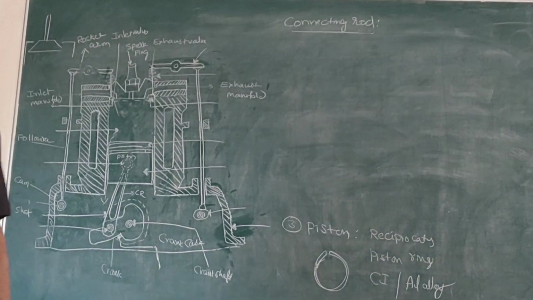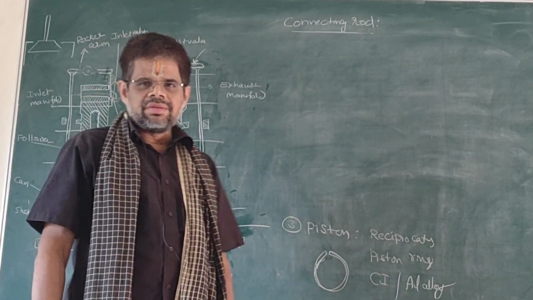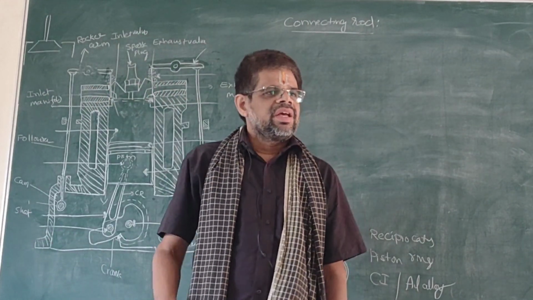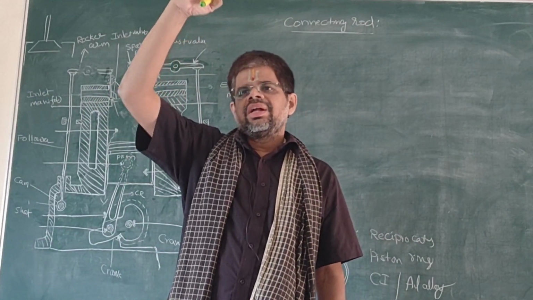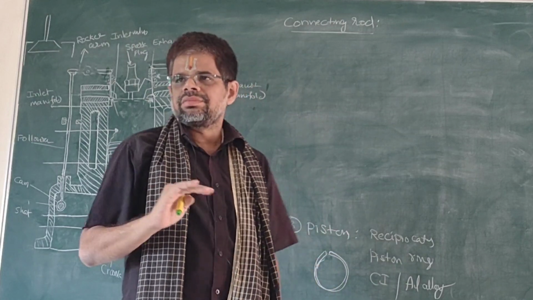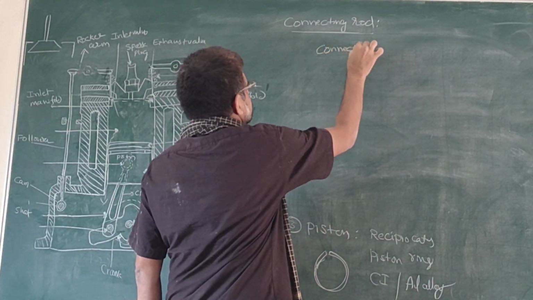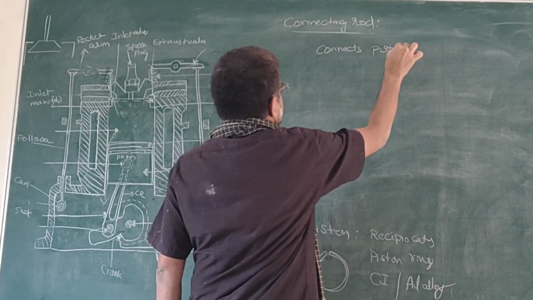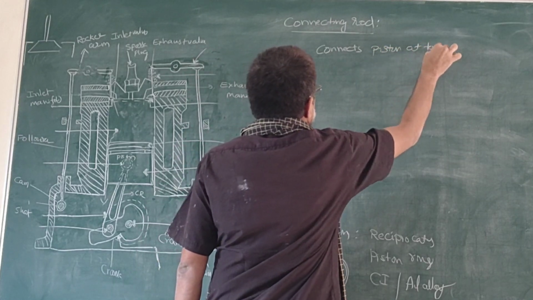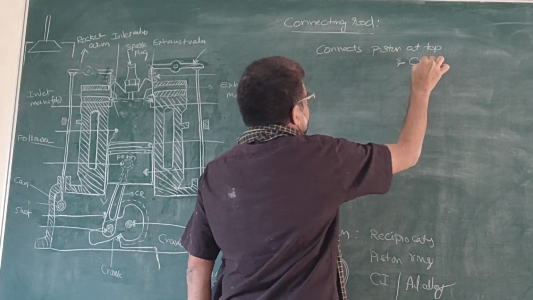Well, the next part is connecting rod. So connecting rod connects the piston at the top and the crank at the bottom. Okay. So it connects the piston at the top and the crank at the bottom.